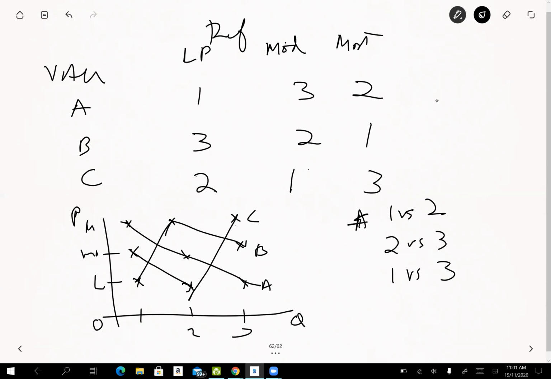Go ahead, do that. You will see there is no clear winner. One choice can win any one election. Make the ranking, voting by the ranking of their preference.